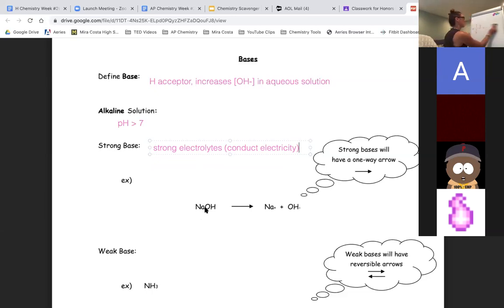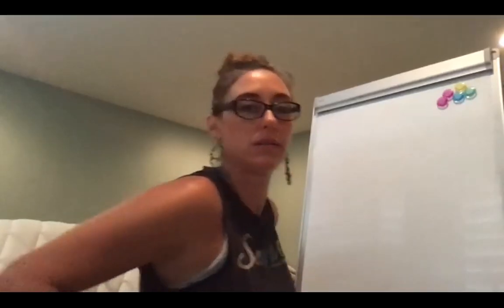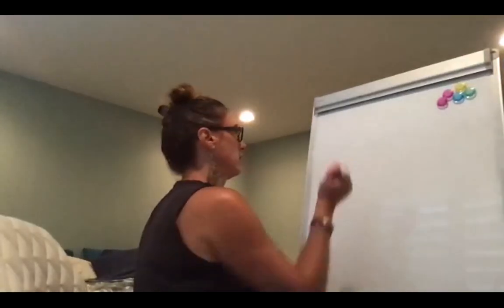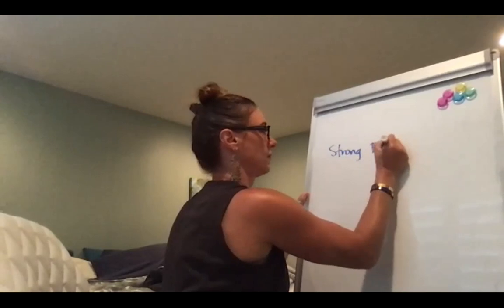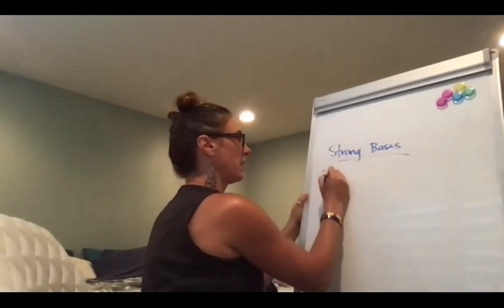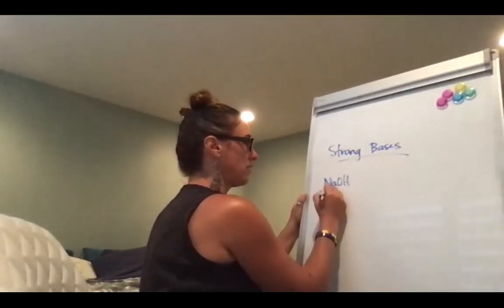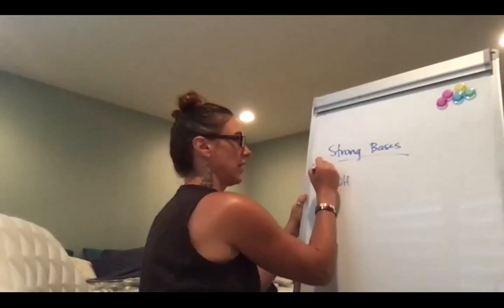Strong bases are, maybe you can write this in the margin or something. Gosh, I missed my classroom. Okay, strong bases. They're all the hydroxides of the alkali metals and alkaline earth metals.